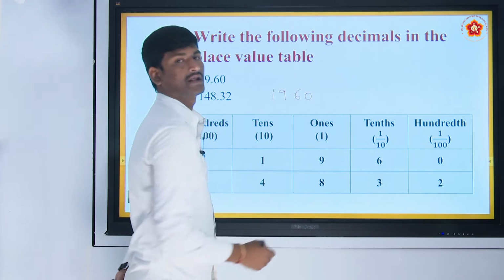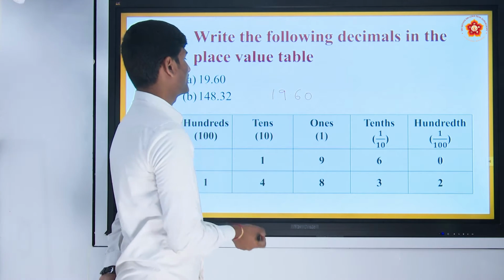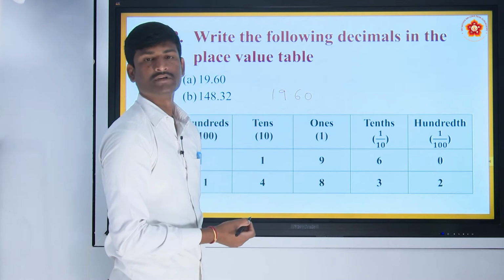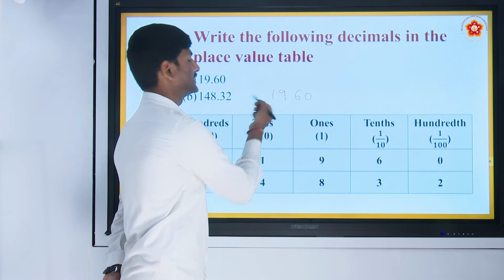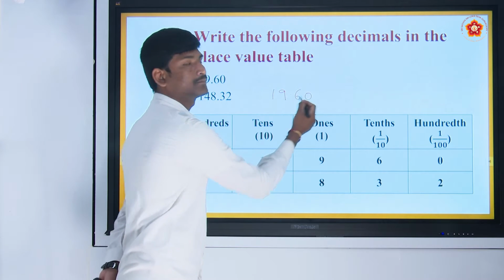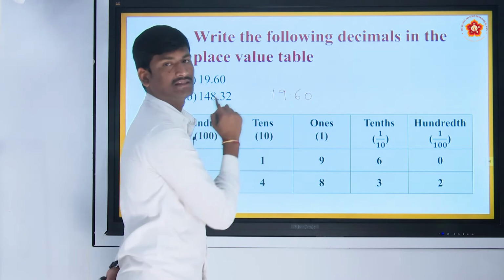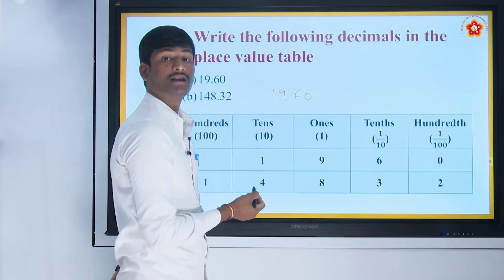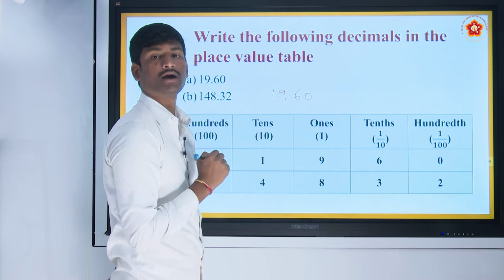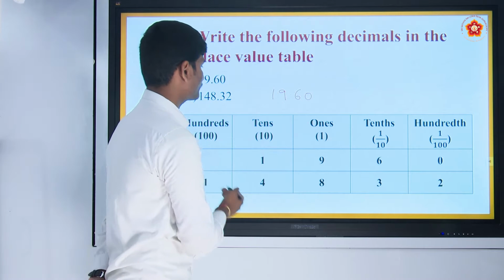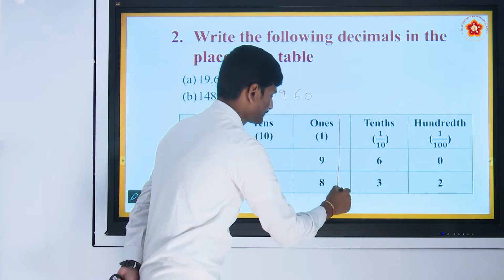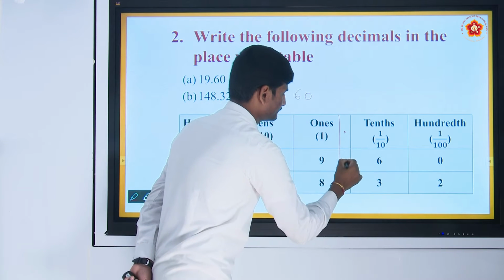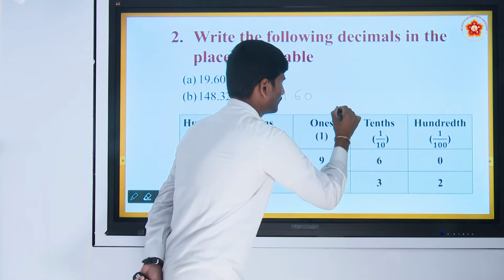What is the place value of 9? It is the 1's place, and 1 is the 10's place. After the decimal point, 6 is the 10th place, that is 1 by 10, and 0 is the 100th place, that is 1 by 100. First we write the decimal point.